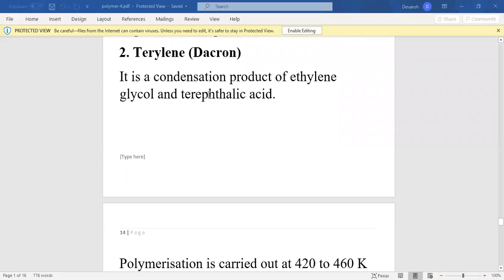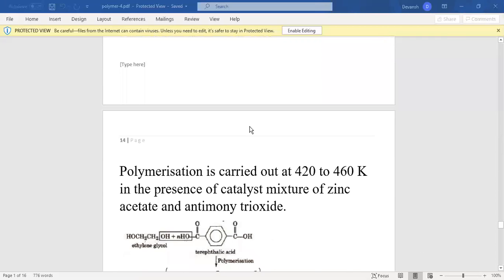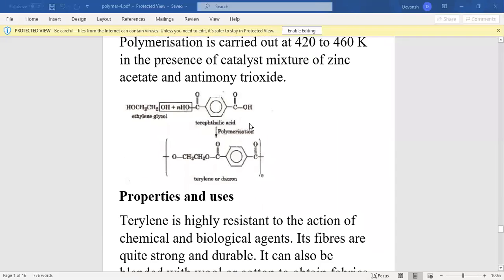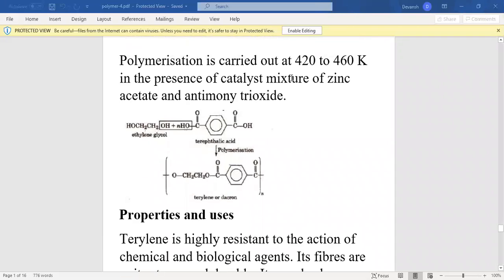Now it is a condensation product of ethylene glycol and terephthalic acid. These are the monomers of Terylene, that is ethylene glycol and terephthalic acid. We will see how it is formed. Polymerization is carried out at 420 to 460 Kelvin in presence of catalyst mixture of zinc acetate and antimony trioxide.